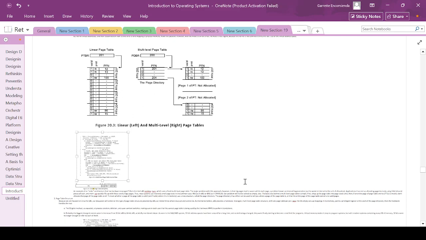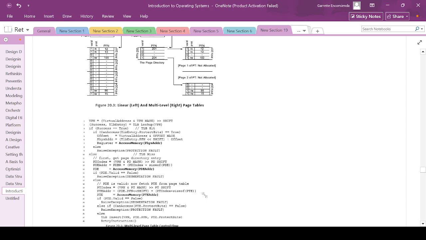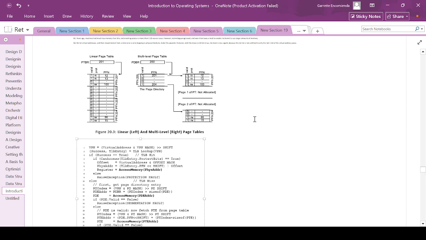So here's the example of this. It actually uses a multi-level page table, like we have discussed earlier. As you can see, these are the page tables where the logical address resides in the kernel logical address.